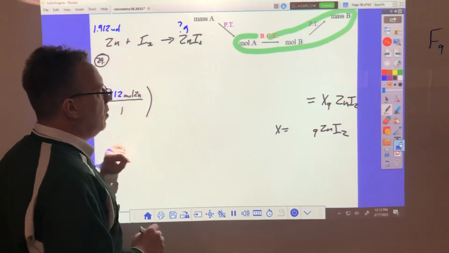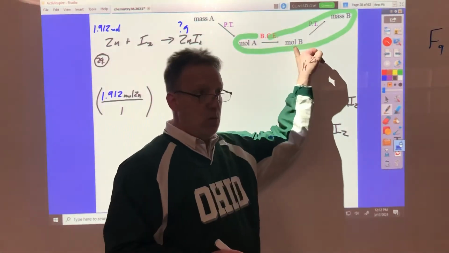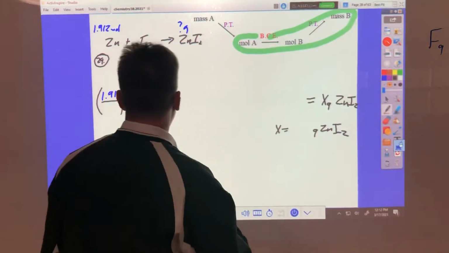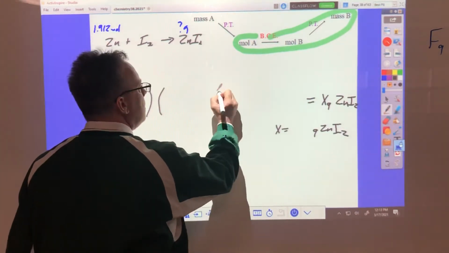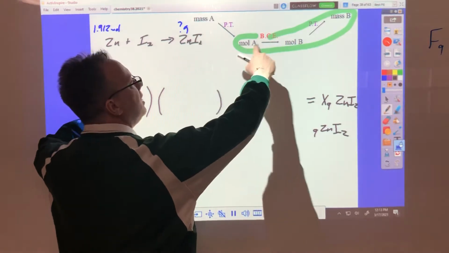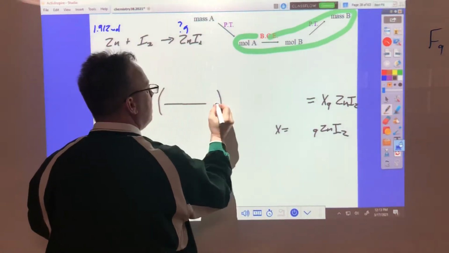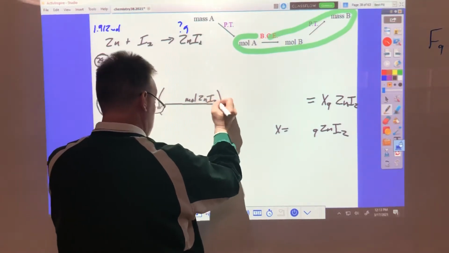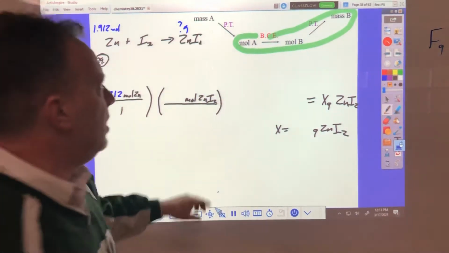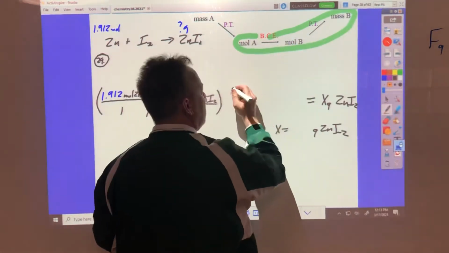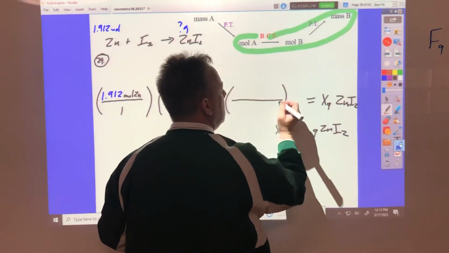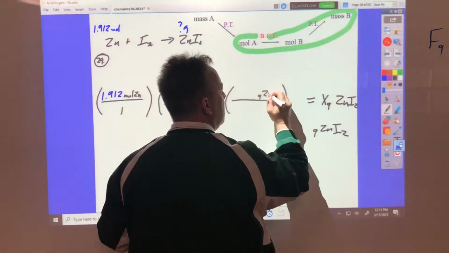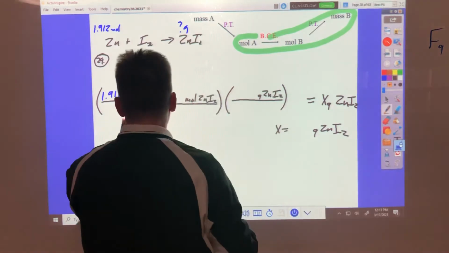All right, so if I start with 1.912 moles of zinc over 1, then I've got to change to moles, so that's going to be a set of parentheses, and then I got to change to mass, that's going to be a set of parentheses. So I'm going from moles zinc to moles ZnI2 on top, and then on the next one, the next arrow, I've got another one of these. I'm going from moles of ZnI2 to grams ZnI2. And this goes here.